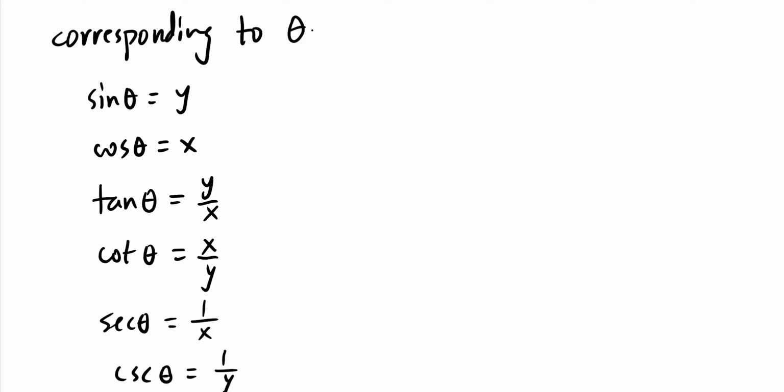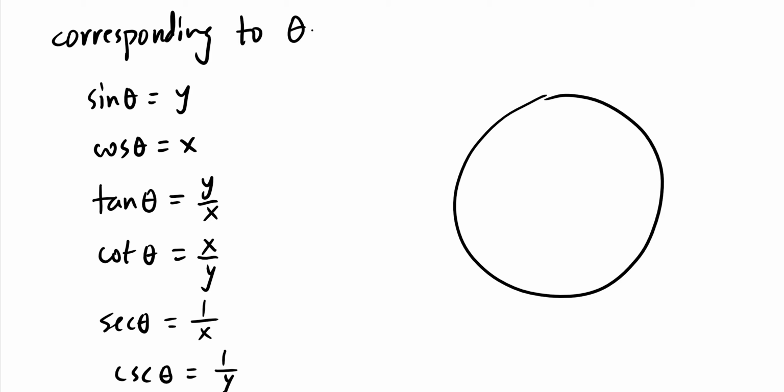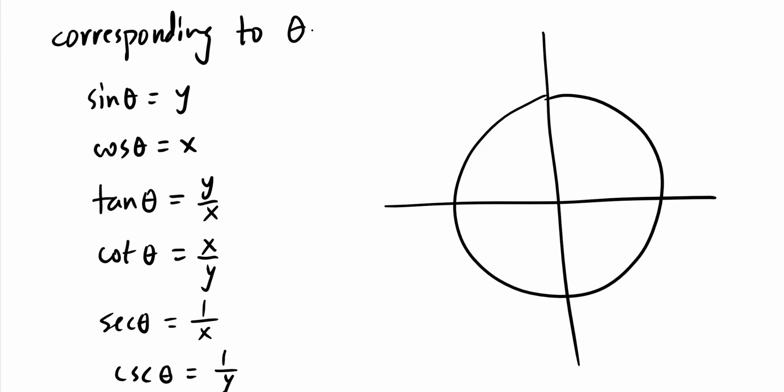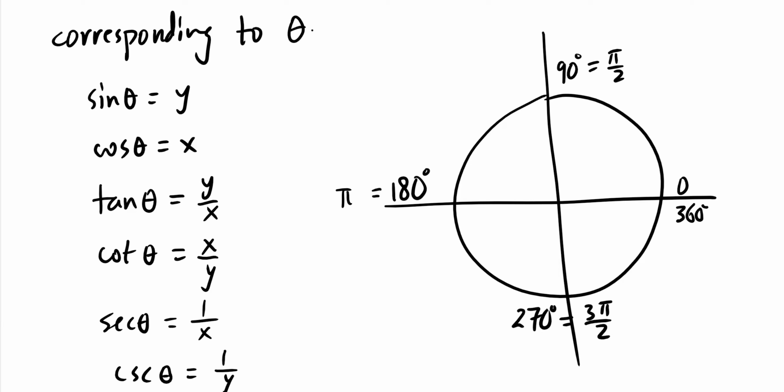So what we are going to look at here is back to the unit circle. 0, 90 degrees or pi over 2 radians, 180 degrees or pi radians, 270 degrees or 3 pi over 2 radians, and then that goes to 360, which is 2 pi radians.